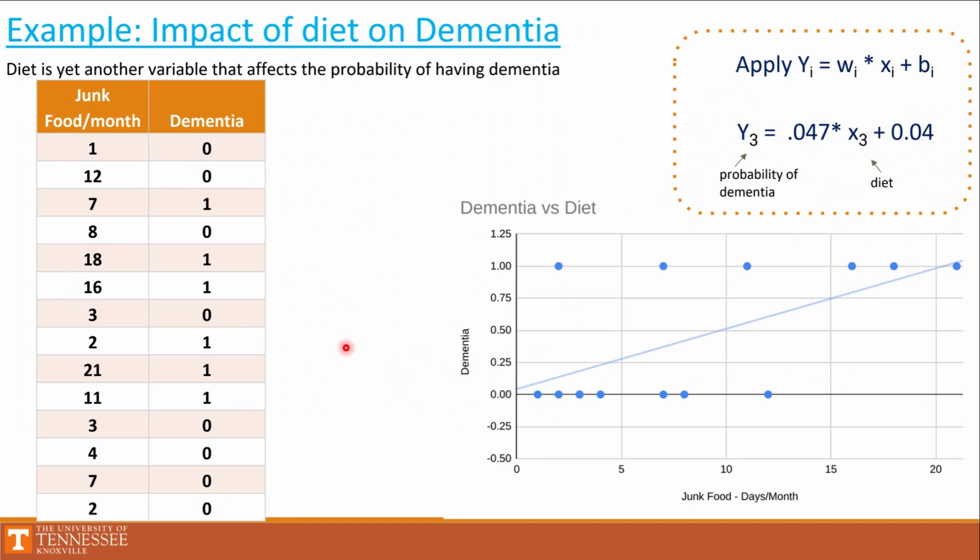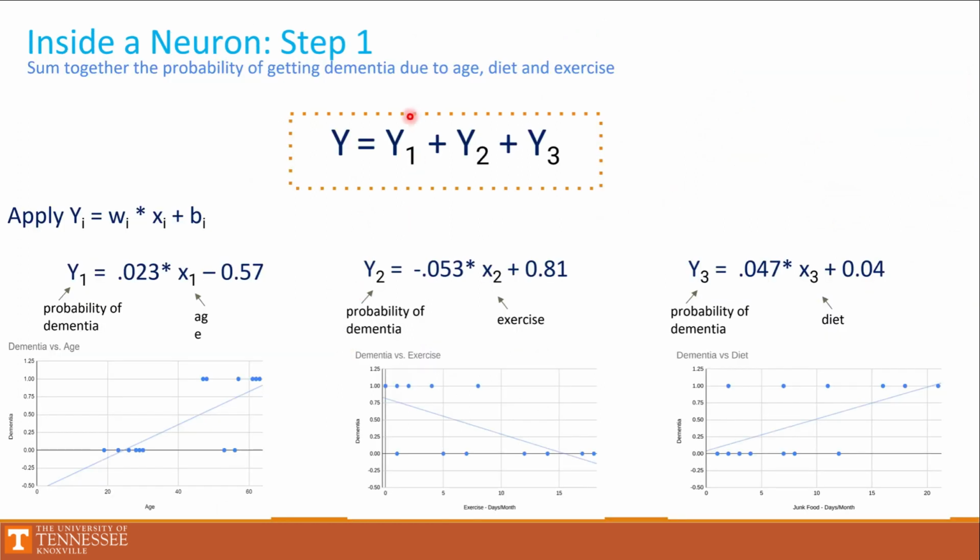So finally, this is inside the neuron. We want the final probability of dementia, which is simply the addition of the probabilities that come from each parameter. So I can add y1, y2, y3 till yn if I have n parameters.